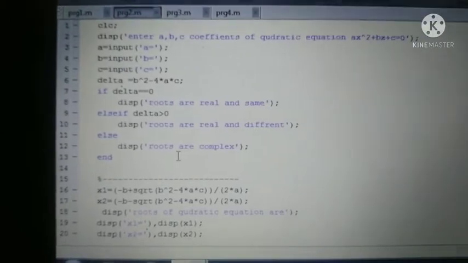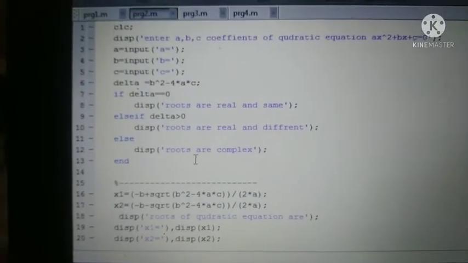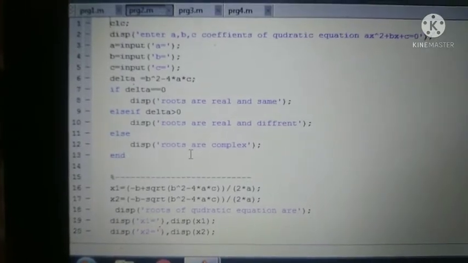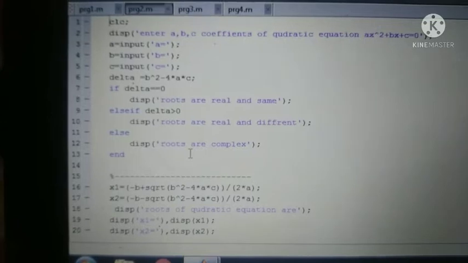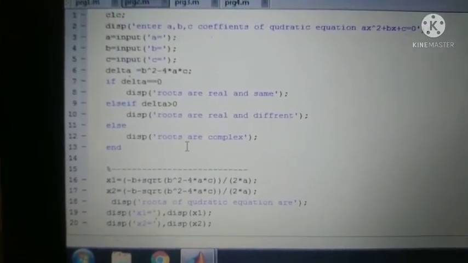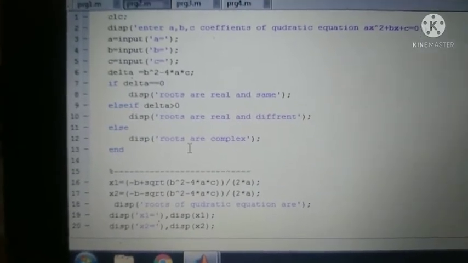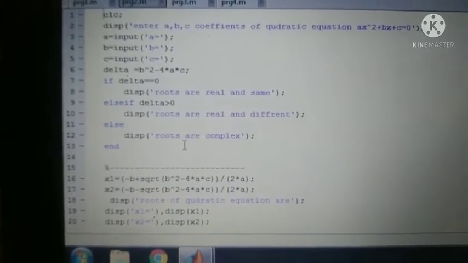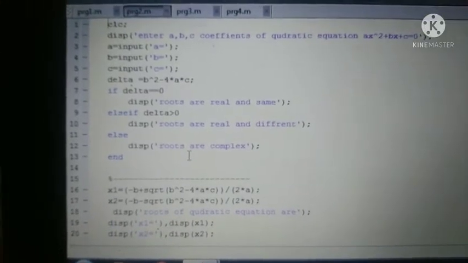If the delta is equal to 0, the first condition will execute. Otherwise we have a choice, either it may be greater than 0 or less than 0. In else if I am checking whether it is greater than 0; if it is, then it shows roots are real and different. And last one, else, the only condition remaining is that delta is less than 0, so the roots are complex.